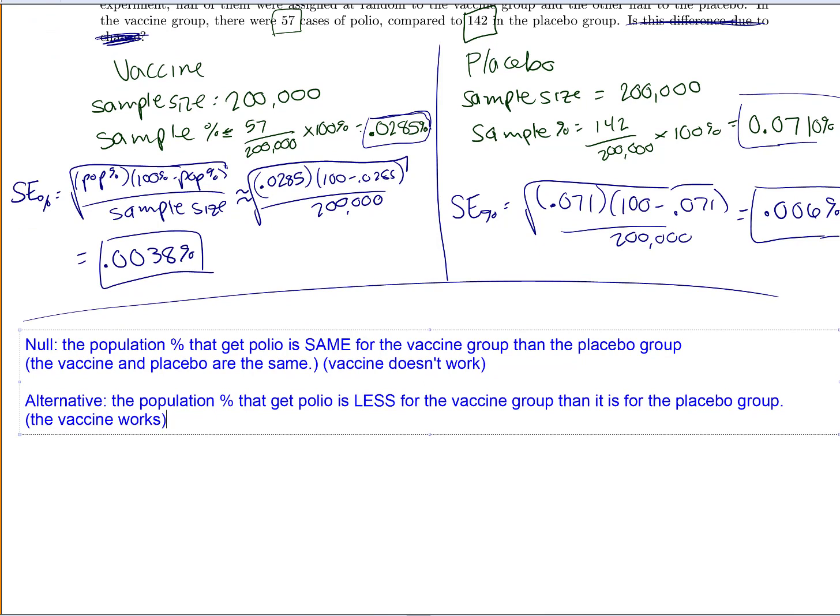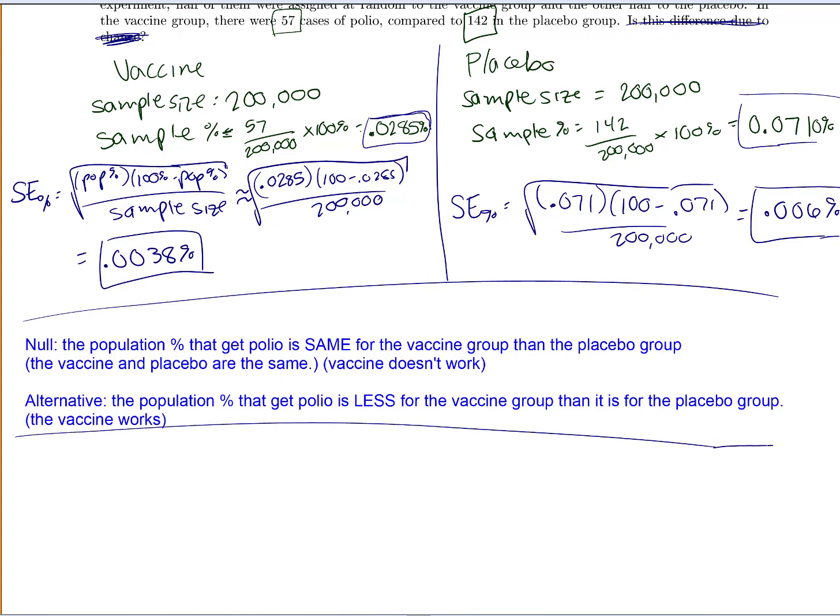The next step after your hypotheses is that you want to find your test statistic. And we could start writing our formula for our test statistic, which is z equals our observed.